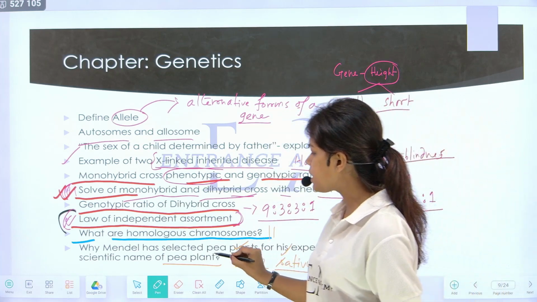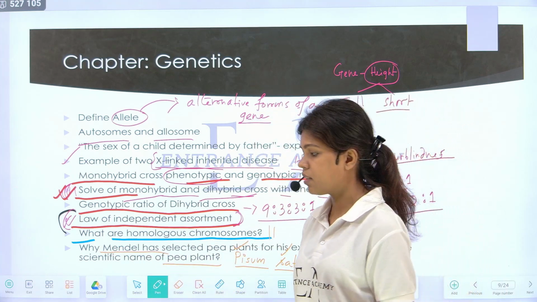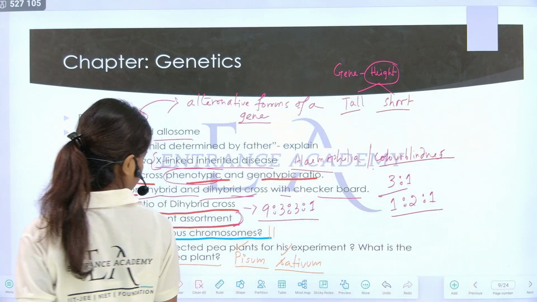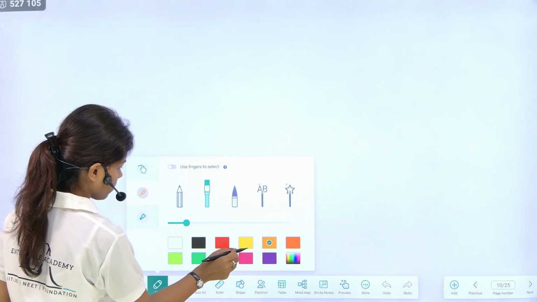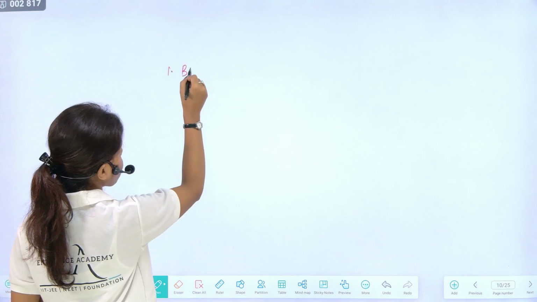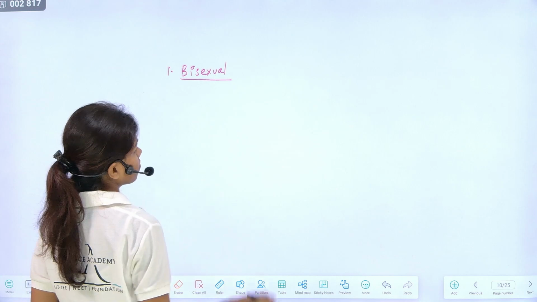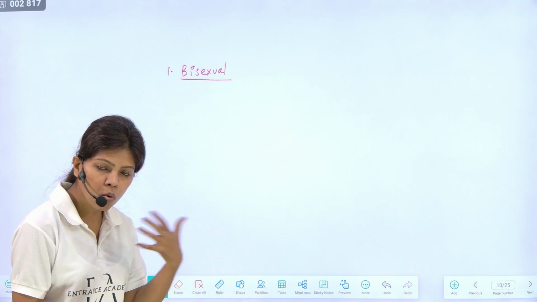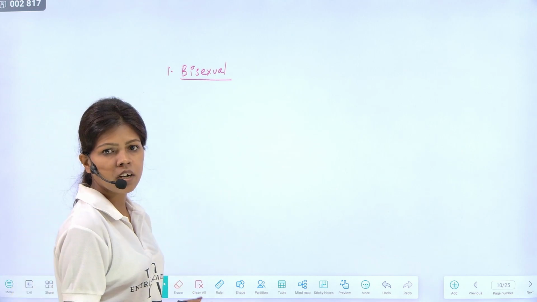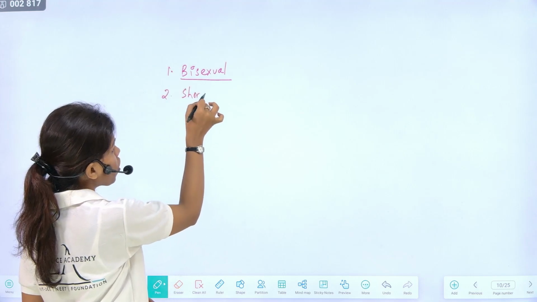And why did Mendel select the pea plant? For several reasons. The first one is that the pea plant is a bisexual plant. That means it has both male and female reproductive organs. Second, a very short lifespan.